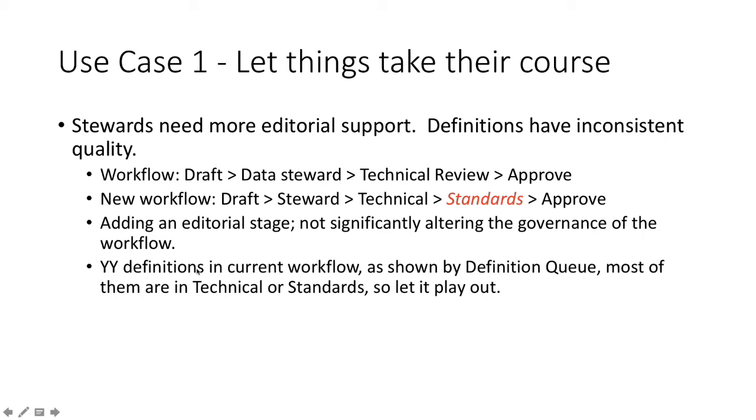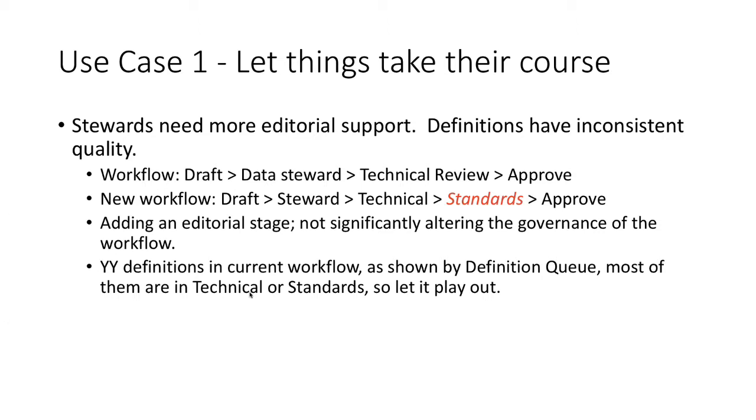I would take into consideration how many definitions are trapped in the current workflow. I would use my definition queue to find that out. And if most of them are later in the stage, if most of them are already in the technical work stage, I might just let it play out.